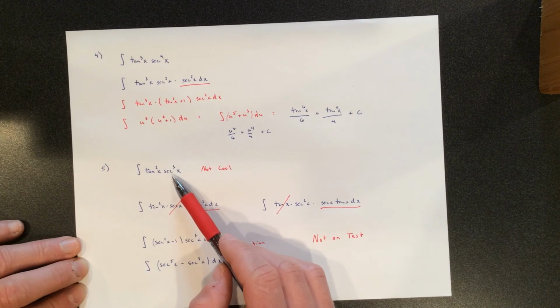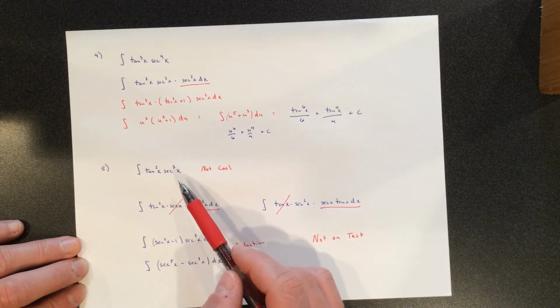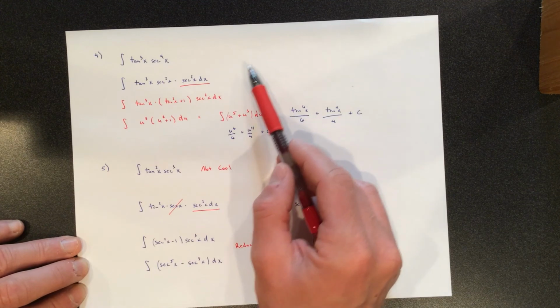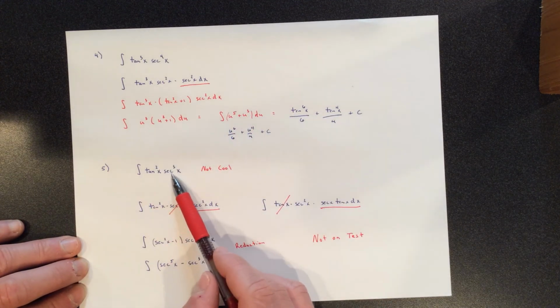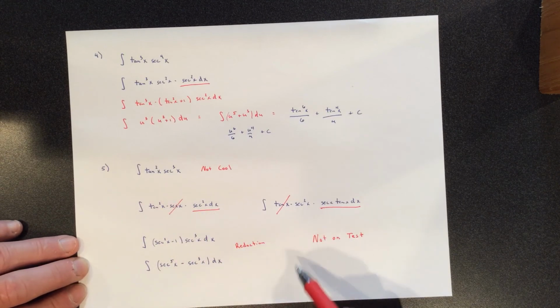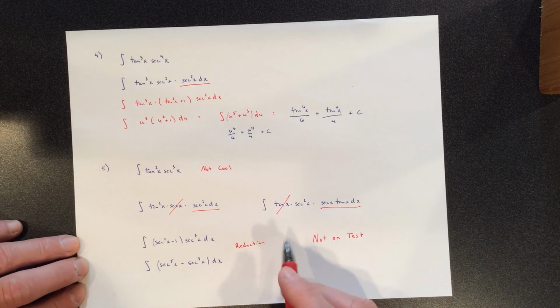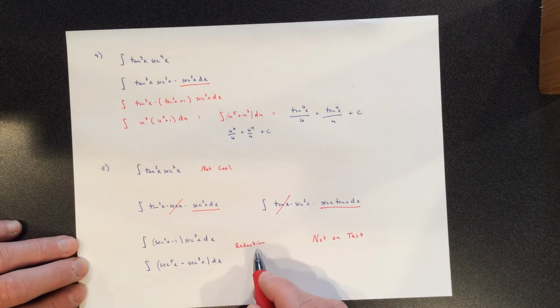As long as secant's even, well, then you can do this. If tangent is odd, you could still do this method and rip off a different one. But if this is even and this is odd, not cool. And again, it's not on my test, it's not on the AP test, it probably wouldn't be on any really college midterm test unless they gave you the reduction formula.